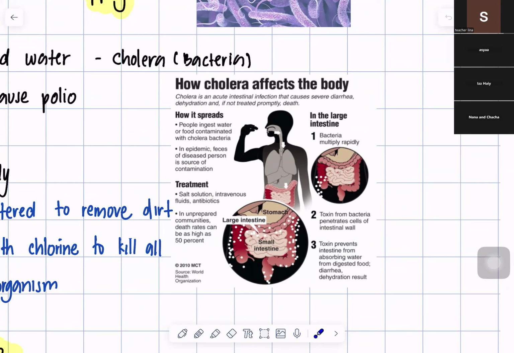How does cholera affect you? When you eat or drink food that is contaminated with cholera, that bacteria will go to the large intestine. It will start to multiply. When it starts to multiply, at the same time, it will produce toxin.